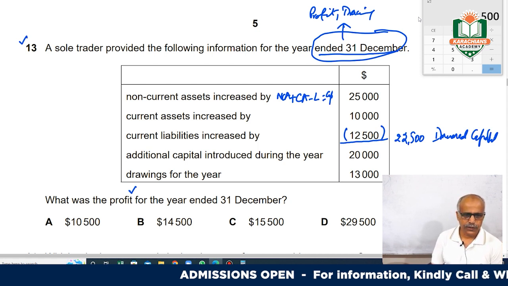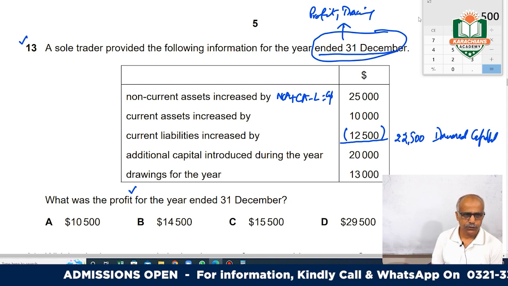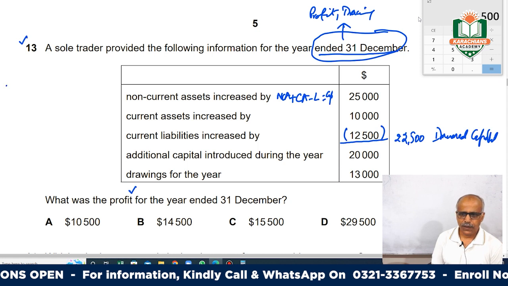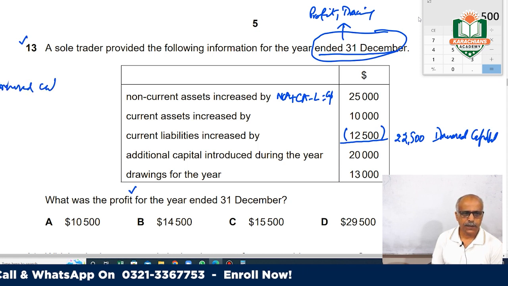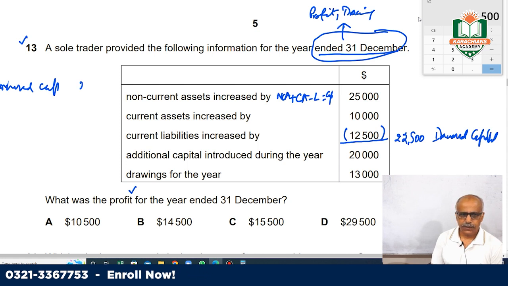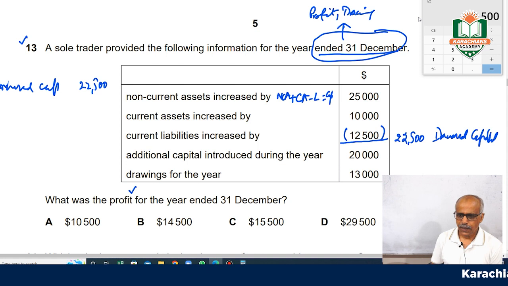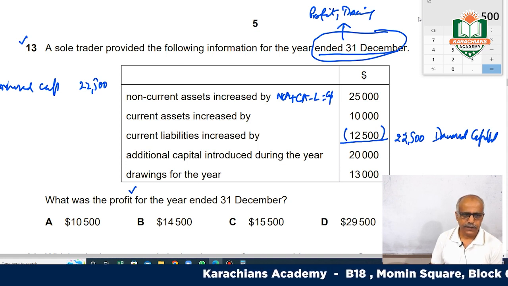So we can calculate the profit, no issue. Your increased capital is 22,500, and the profit is already included in it.